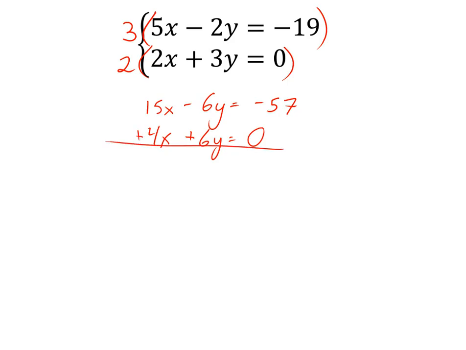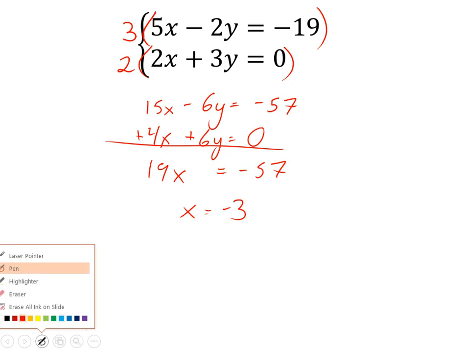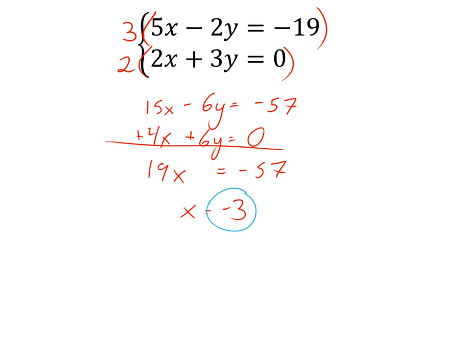Add those up and down, I get 19x is equal to -57 because the y's cancel. -6y plus 6y is 0. Solve for x and I get -3. Now I'm going to take this -3 and plug it in for, let's say, that one.